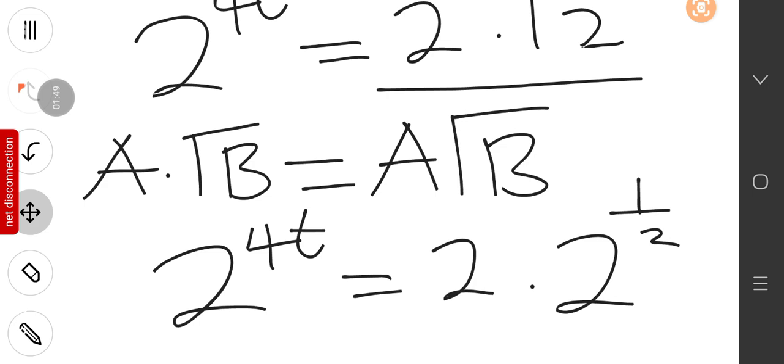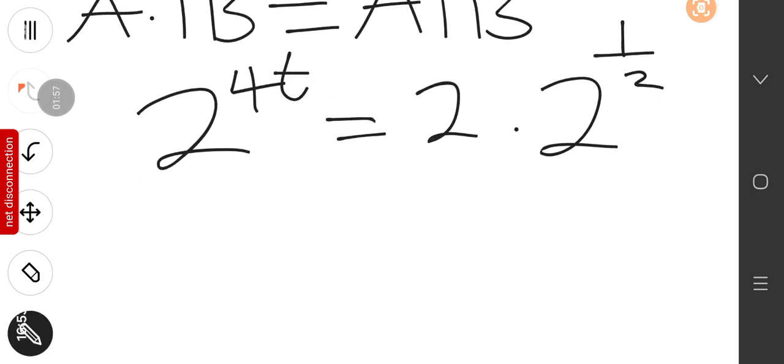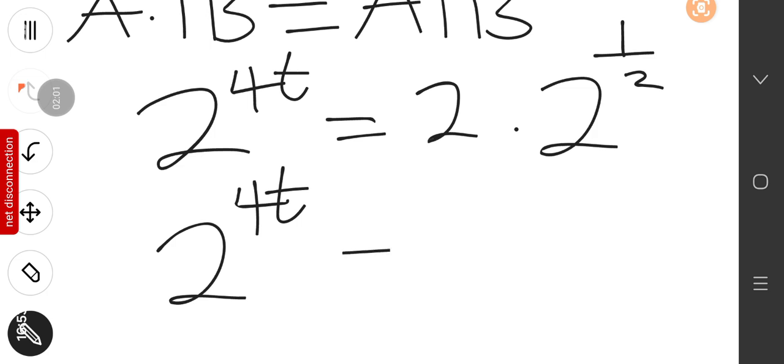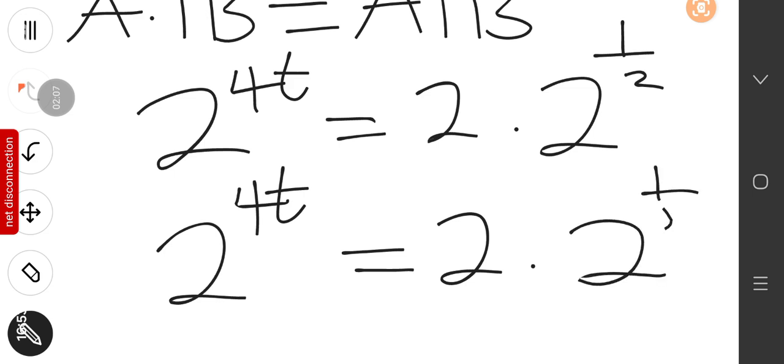So 2 exponent half is the same as the square root of 2. Now you're going to have 2 exponent 4t equals 2 times 2 exponent half. Now any number has a power of 1, so this 2 has a power of 1.